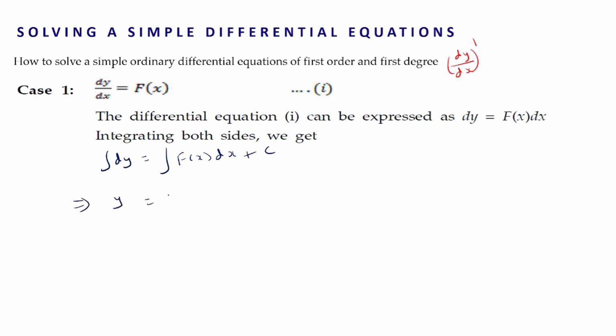From this we get y is equal to integral f of x dx plus c. Using integration we can find the integral of a function of x dx, and we can find the solution for the given differential equation.